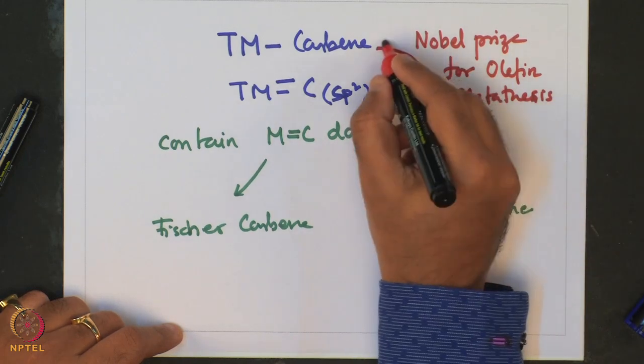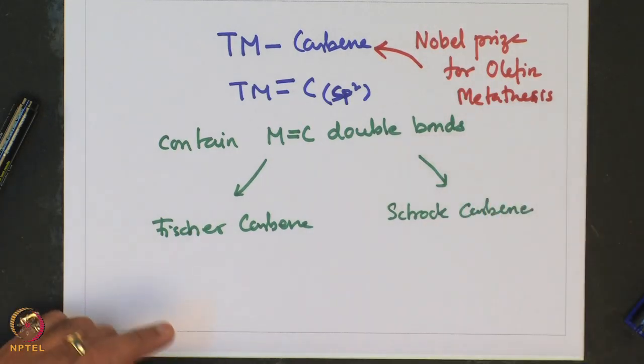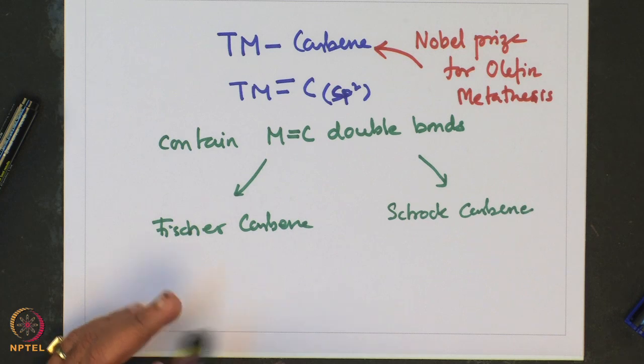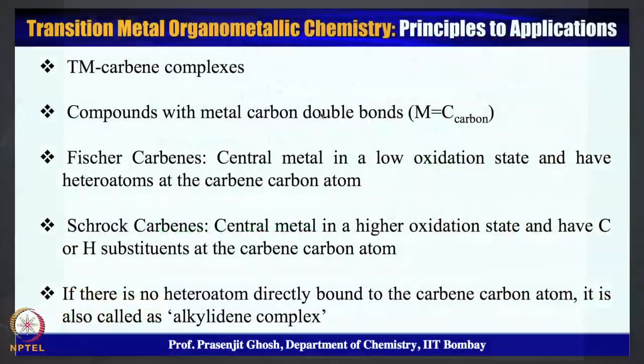Which relates to this chemistry, and this was given very recently. Now, between the type of carbene complexes that one encounters, one is called Fischer carbene and the other is called Schrock carbene.